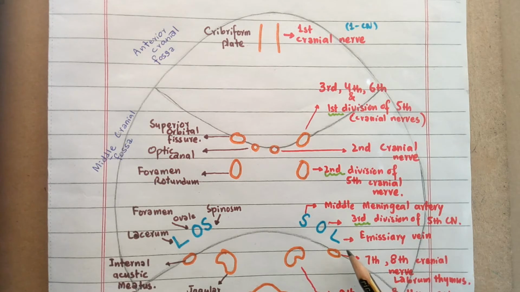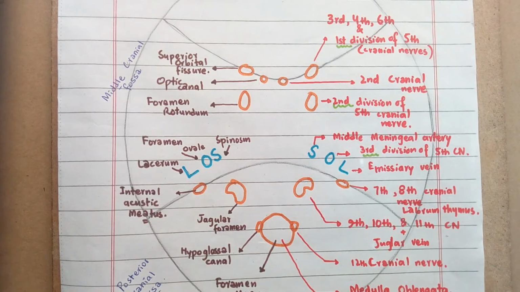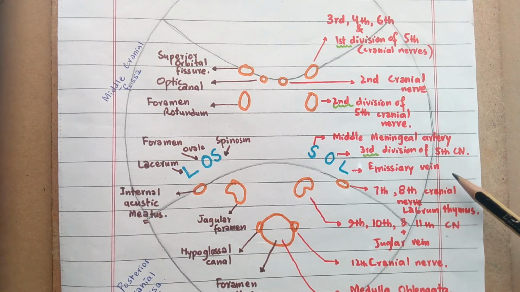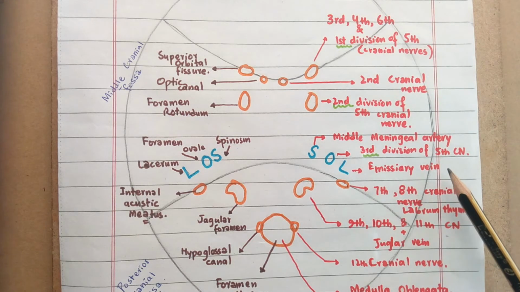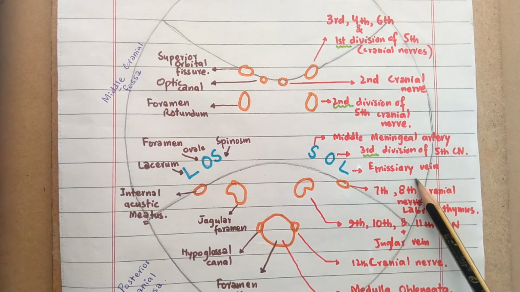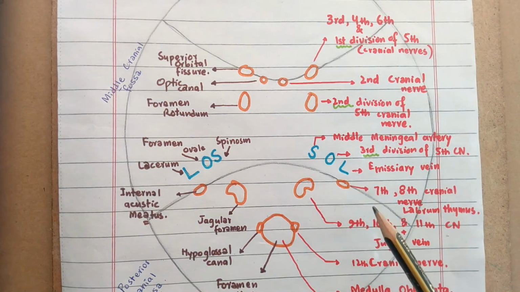And then the foramen lacerum, which is responsible for the passage of the emissary vein, and the carotid canal passes through its superior wall. There are two structures that pass through the foramen lacerum.